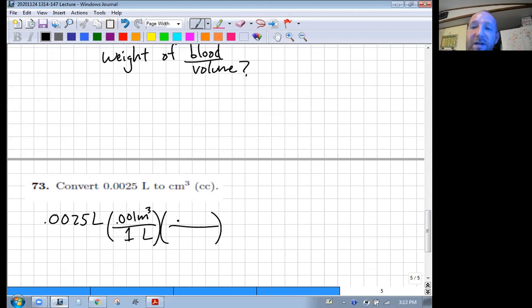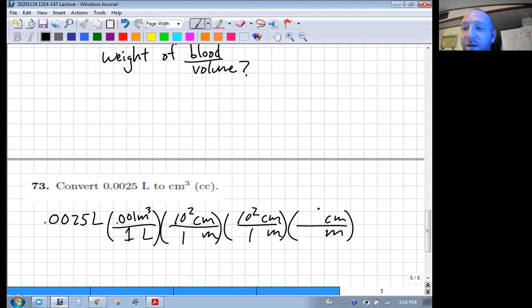Now we can convert the meters cubed to centimeters cubed. Meter, meter, meter, centimeter, centimeter, centimeter. It takes 10 squared centimeters to make a meter, or 100 centimeters per meter.